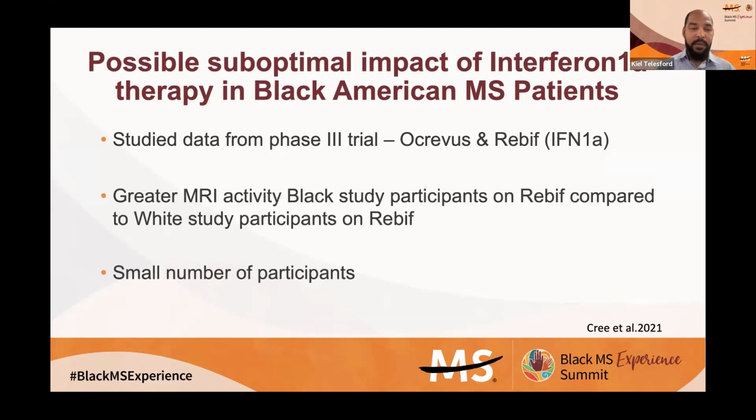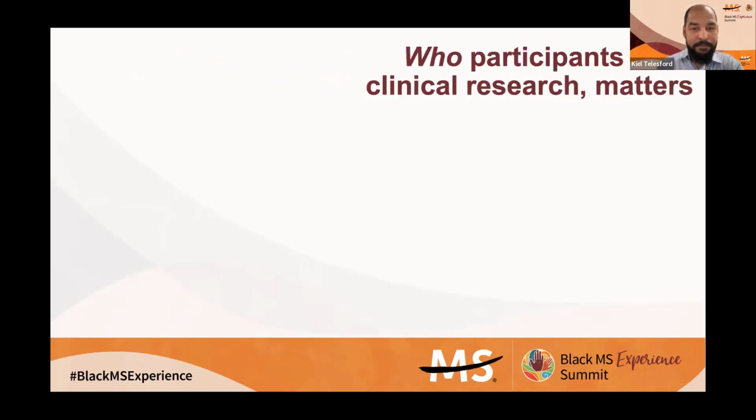They found greater MRI activity in Black study participants on Rebif compared to white study participants on Rebif during that trial. One caveat is that this study and others that allude to this suboptimal potential impact have a small number of participants. So it's an area of further investigation to determine what the real-world experience is like for Black patients who are on interferons.